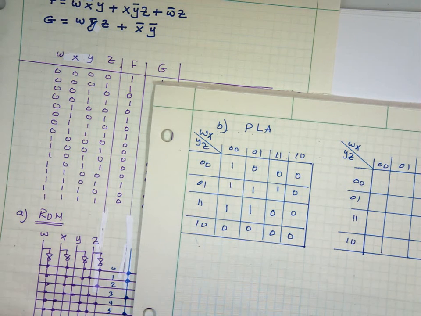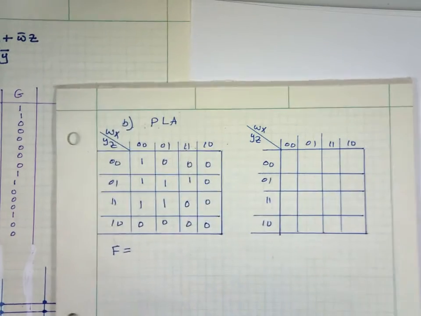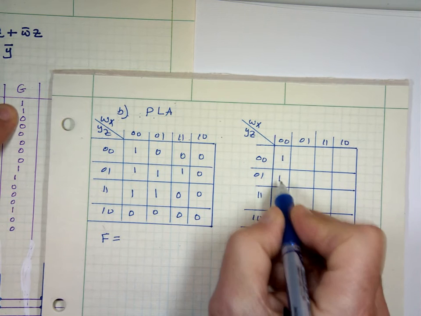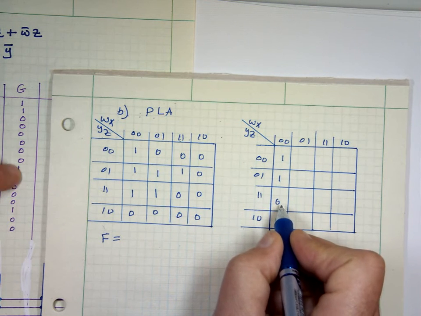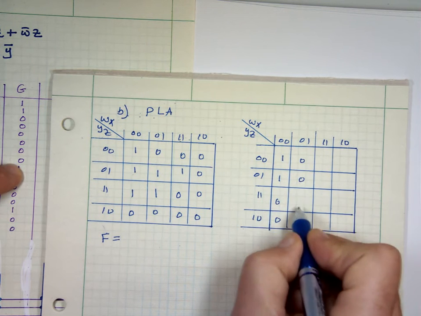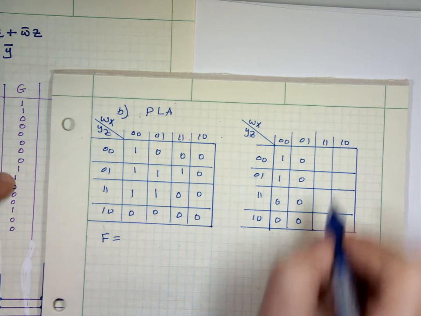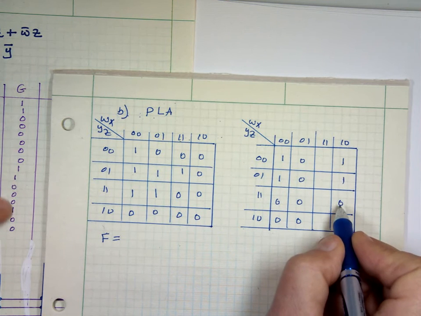That's F. And let's look at G. G has a value 1100, 0000, 1100, 0100.